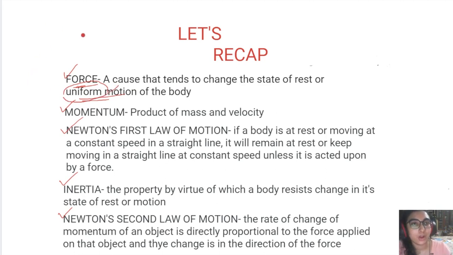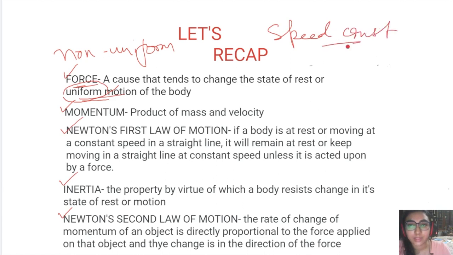It is because if it was non-uniform, then it would mean that it already has an acceleration, right? Because uniform motion means the speed will be constant, right? Now, if the speed is not constant, it means that either it is accelerating or it is decelerating.